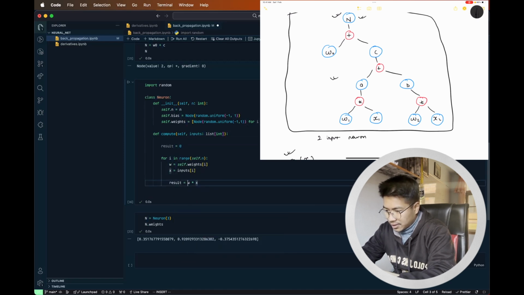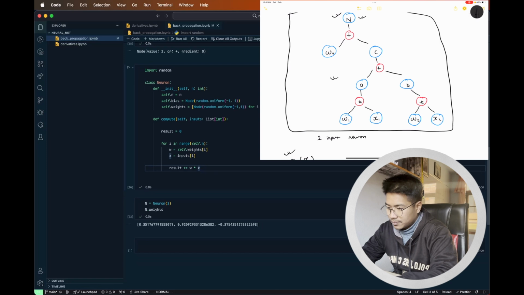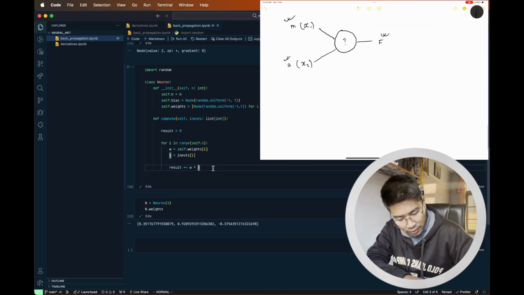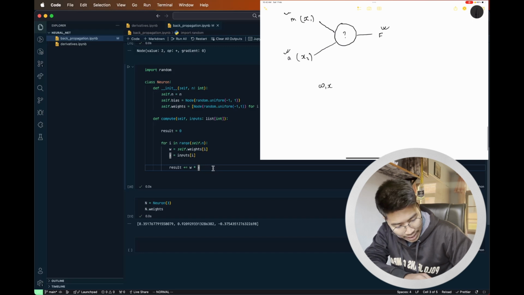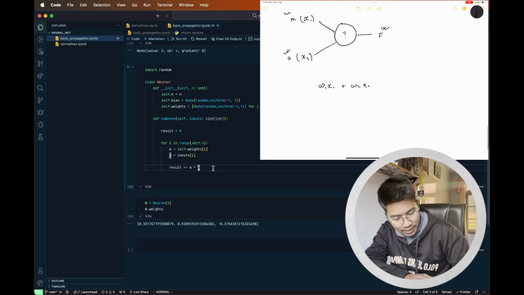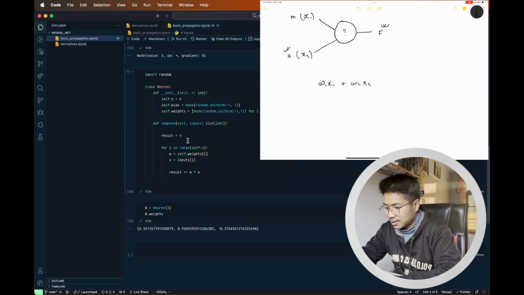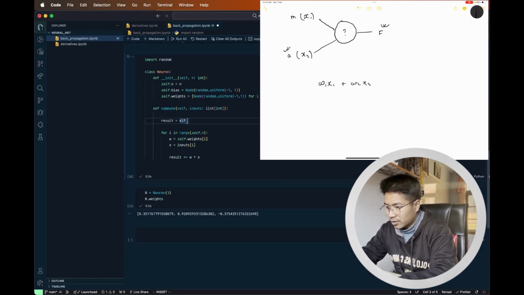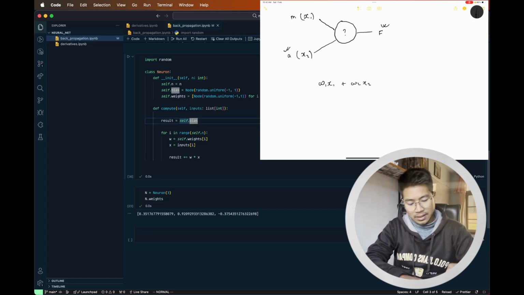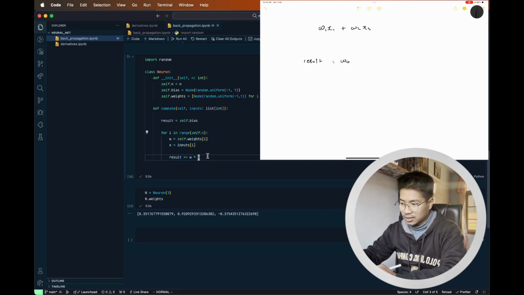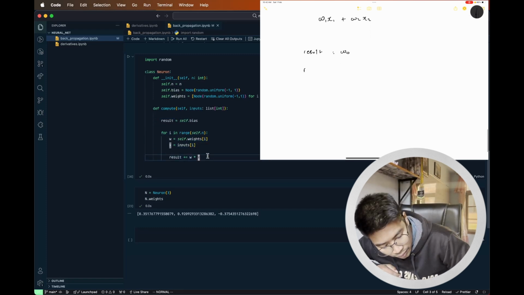I take that result and I add this thing to it. So it's the same as if I have w1 x1, I add w2 x2, right? And then I should probably start that result with the bias, so this should be self.bias. What that does is that my result at the start is w0, and for every iteration of this loop, it looks like this.